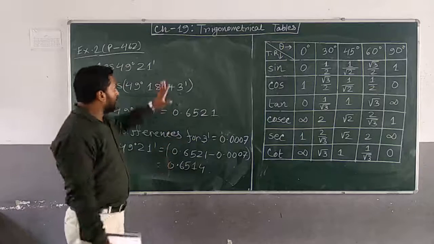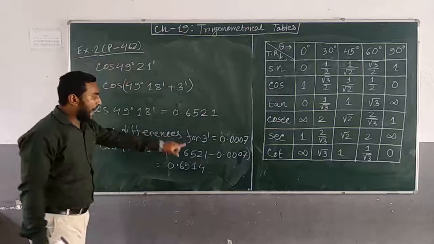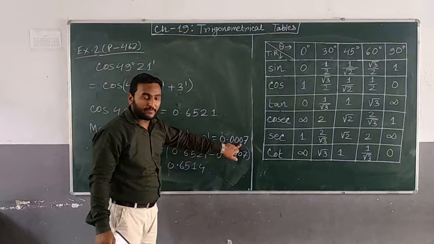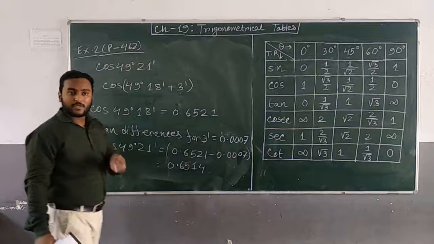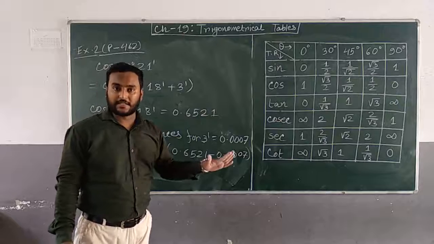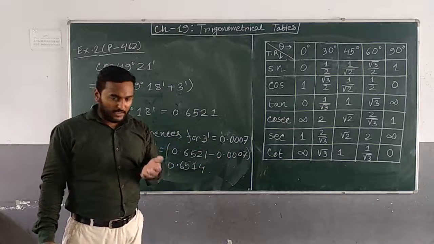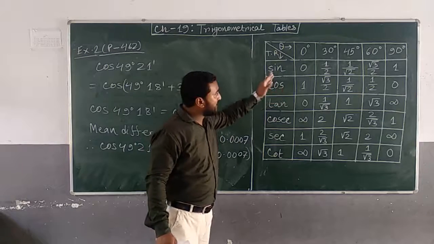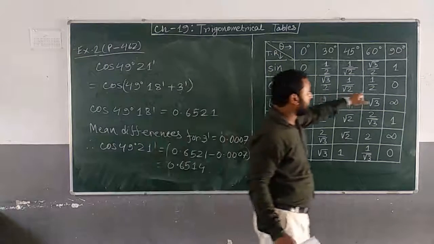So in case of sine, you will add them, and in case of cos, the value of the mean differences will be subtracted, because in case of sine theta, when the angle is increasing, the value is increasing, but in case of cos theta, when the angle is increasing, the value is decreasing.